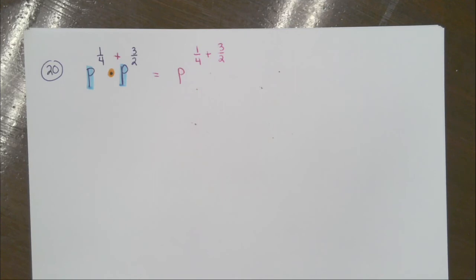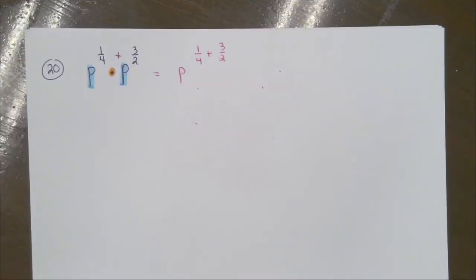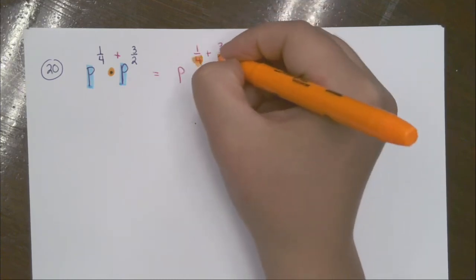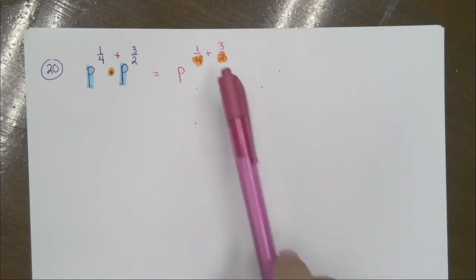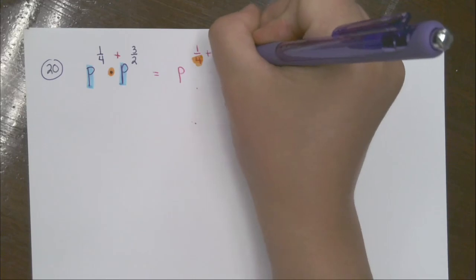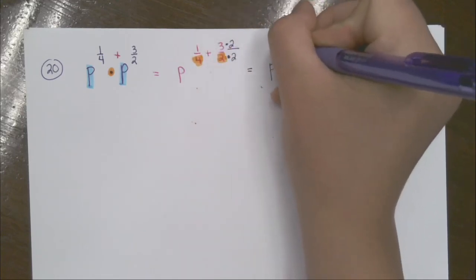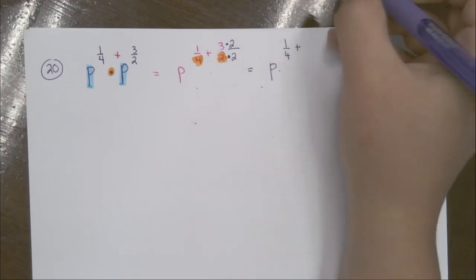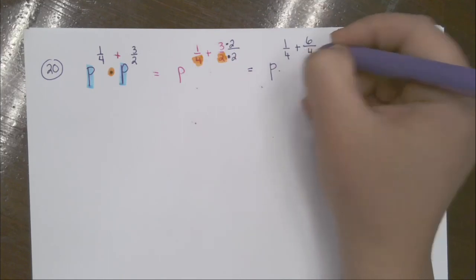Okay. We're dealing with fractions. We need to add. Step 1 with adding fractions is you need to make sure the denominator is the same. We have a 4 in the denominator, we have a 2 in the denominator. Are the denominators the same? No. How do we make 4 and 2 be the same? Multiply by 2, I hear. Make them a common denominator. So now I have P to the 1/4 plus 3 times 2 is 6 over 2 times 2 is 4.